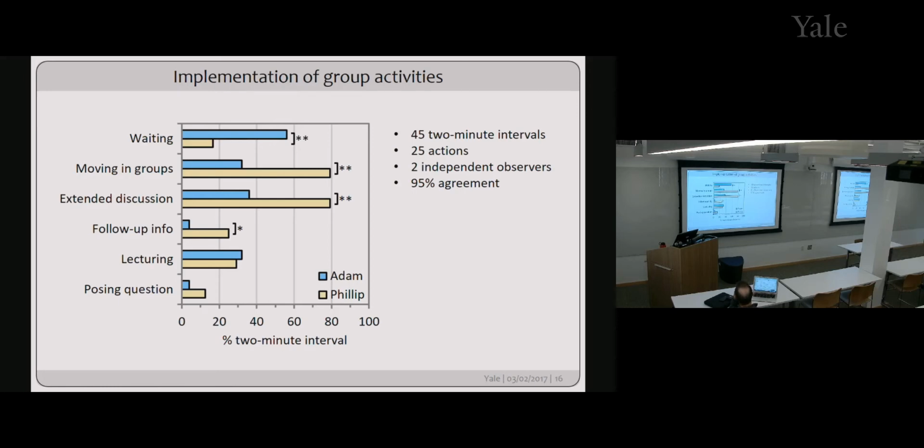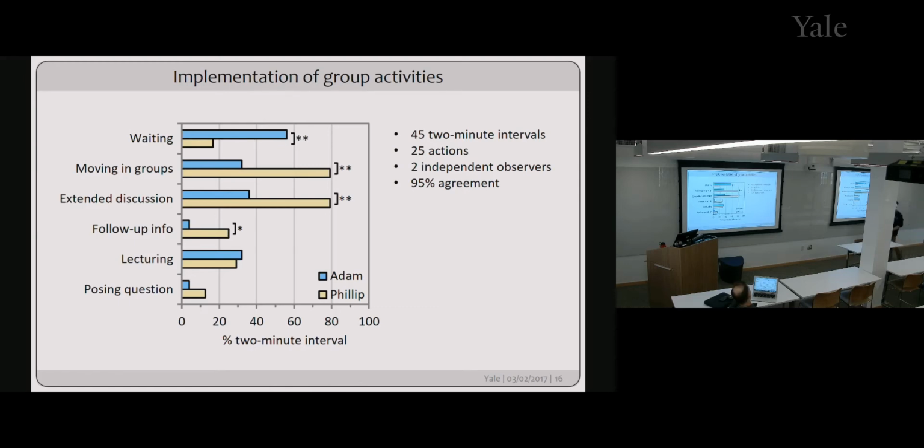Philip also provided a lot more follow-up information. He would stop the entire class during group activities and provide additional information or clarifications, like, I talked to a few groups and it sounds like this particular part wasn't clear, so let me clarify. Or, if you're thinking in this direction, you may want to stop and think the other way, right?